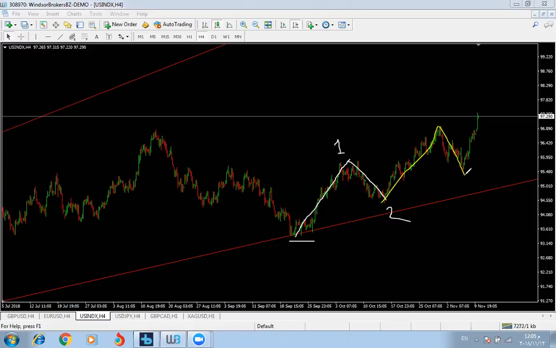This is A, B, C. So price is vulnerable to go to higher prices, then making a small correction, then wave 5 to the upside. So we might reach 99 or even 100 area for the dollar index to complete the whole wave structure.